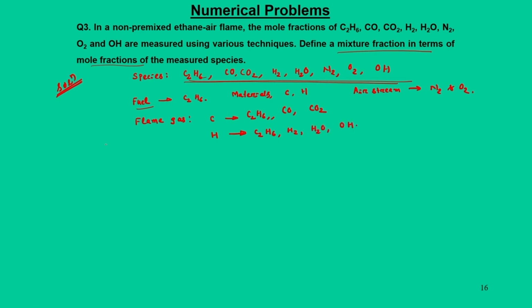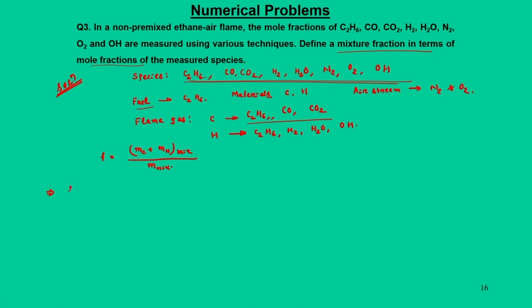So, basically while calculating F, what do we write? M_C plus M_H in the mixture divided by M of the mixture. Now, let us see how you find this out. First talk about carbon, then we will talk about hydrogen. Carbon is present in these three species: C2H6, CO and CO2.